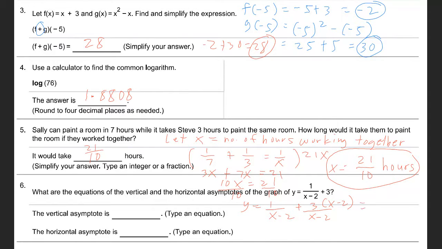So our answer here, by distributive property, we will get 1 plus 3x. 3 times x is 3x. 3 times negative 2 is negative 6, all over x minus 2.